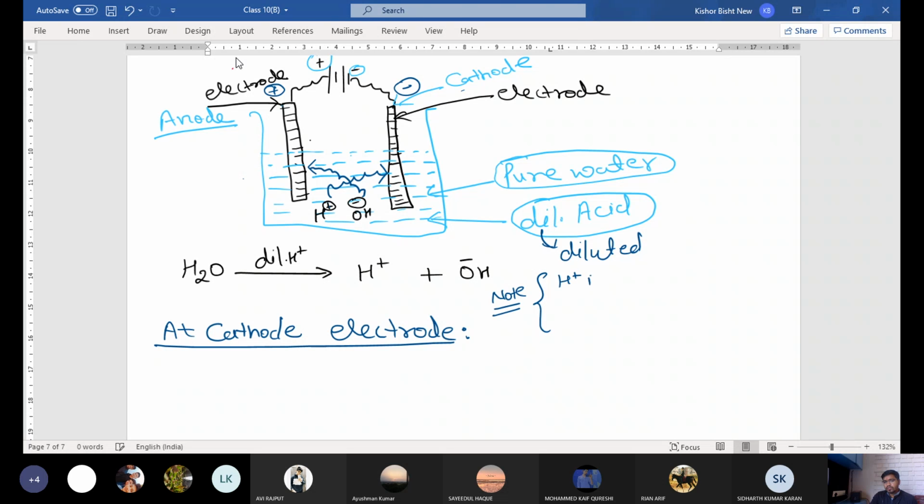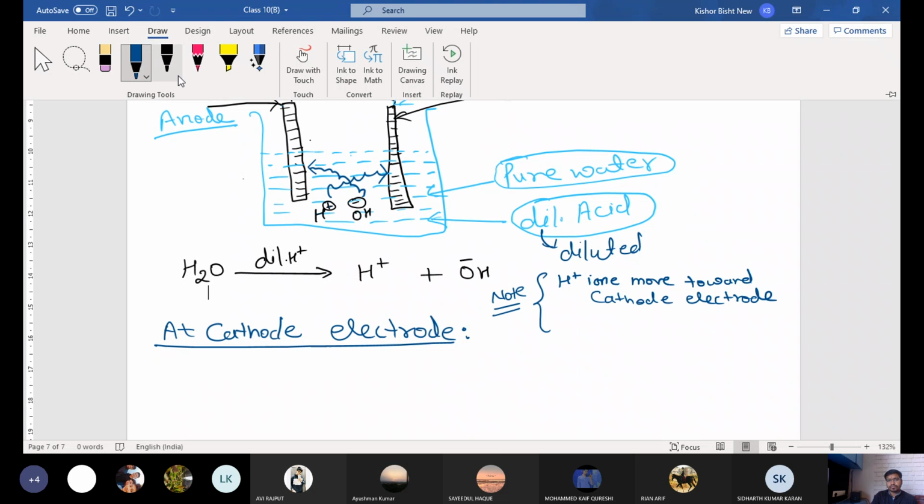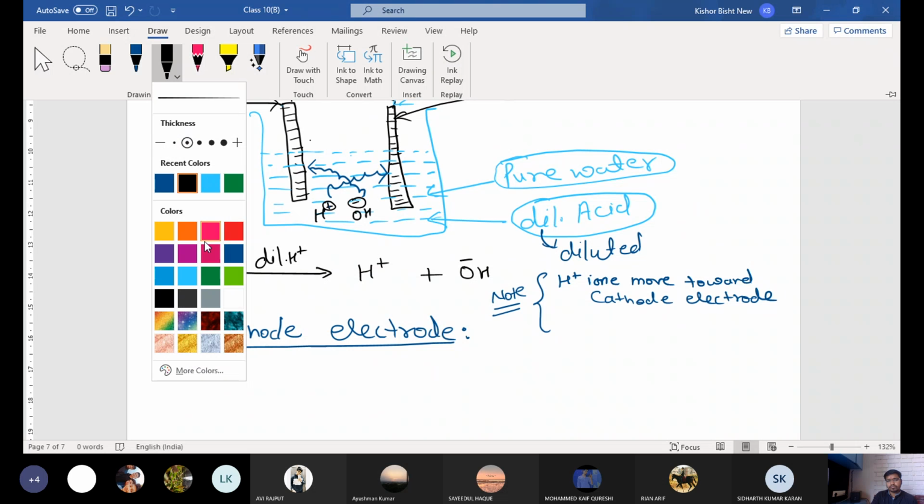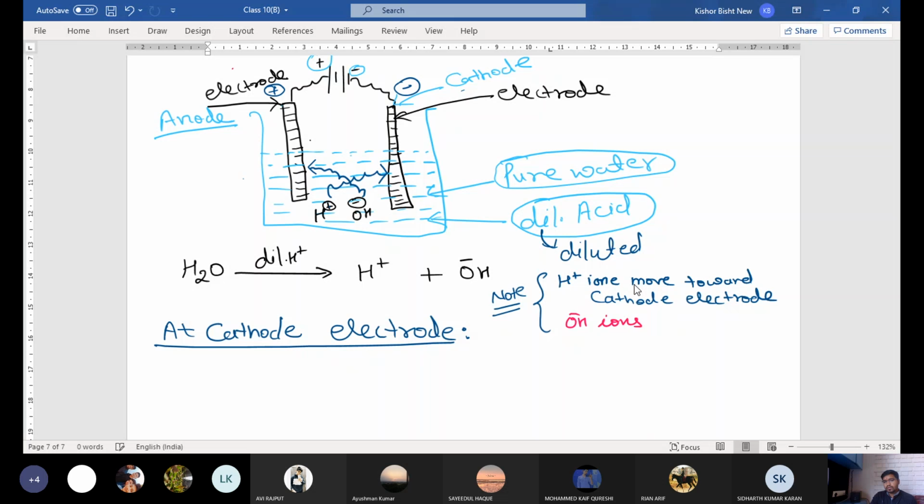H positive ions move toward the cathode electrode, and OH negative ions are moved toward the anode electrode.